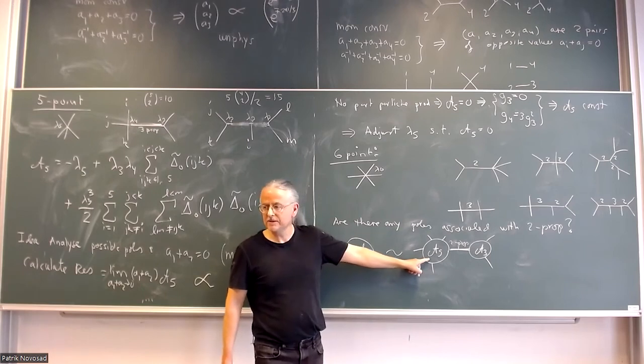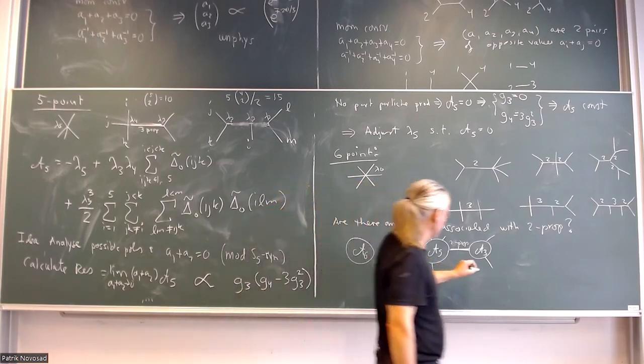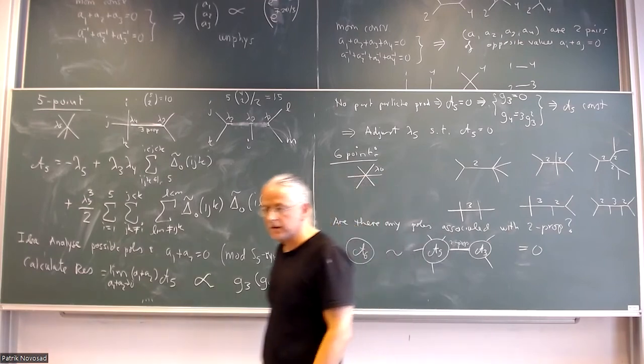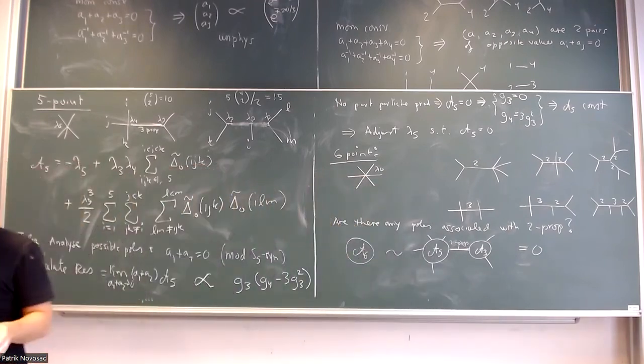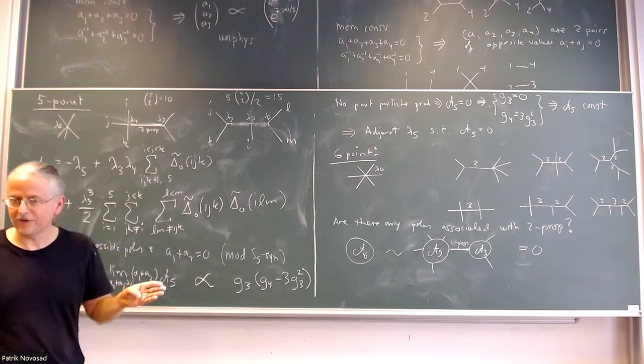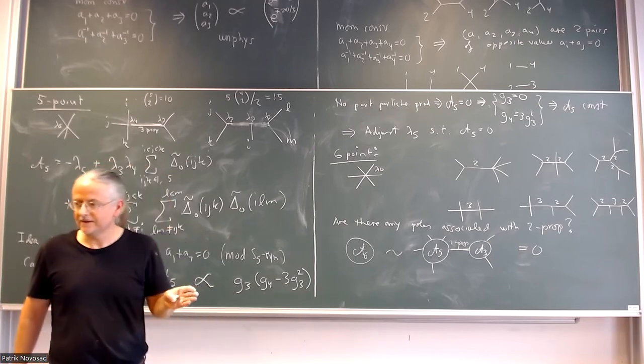We know what that guy is. It's 0. So therefore, this is 0. So we see there cannot be any poles associated with 2 propagators. So we have done the work already for 2 propagators. Nice.